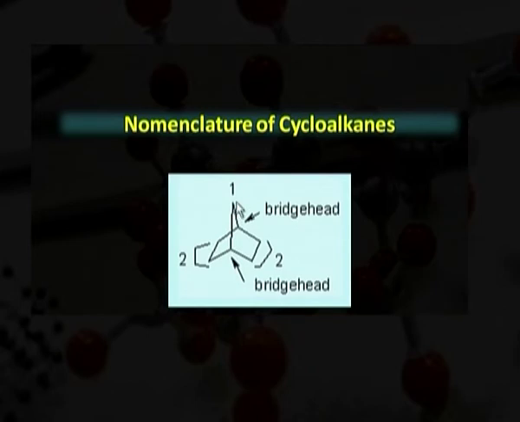This is the bridgehead carbon, and in the center this is carbon 1. In this case, there are 2, 2 and 1 carbons between the bridgeheads, placed in descending order between brackets. So, it is 2,2,1 as per IUPAC nomenclature.